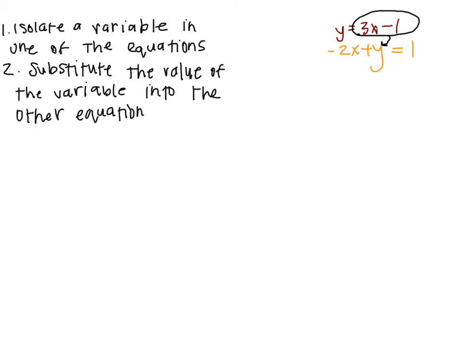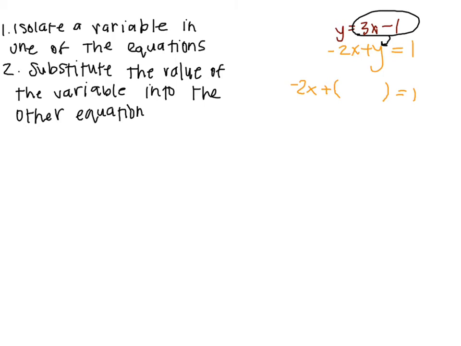So let's write out that orange equation. We have negative 2x plus y, but instead of y, I'm going to do parentheses, equals 1. So negative 2x plus y equals 1.